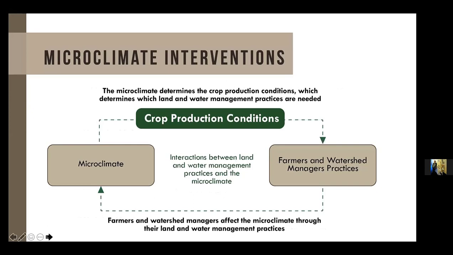This also provides the opportunity to positively modify microclimates and agricultural conditions by implementing sustainable land and water management practices. As you can see in this image, everything is interrelated. You've got the crop production conditions, you have the farmers and the watershed managers and their practices, and that influences the microclimate. It's just one cycle that's feeding back into itself.